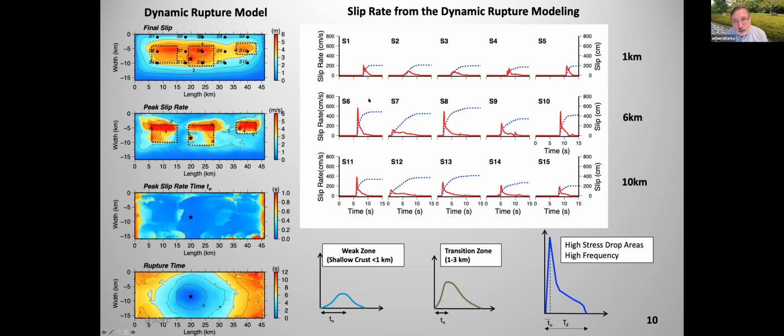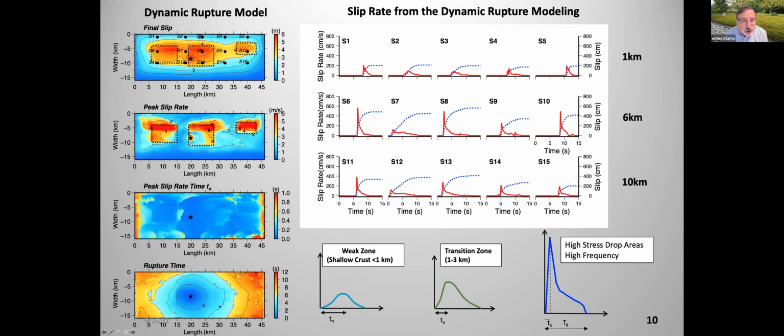For example, for this earthquake, which is very similar to what we observed for the Kumamoto earthquake in Japan, we see that the slip rate function is smooth near the surface. Then it becomes sharper at those three asperities. Actually, these points S6, X8, and X10 are within these high slip areas.